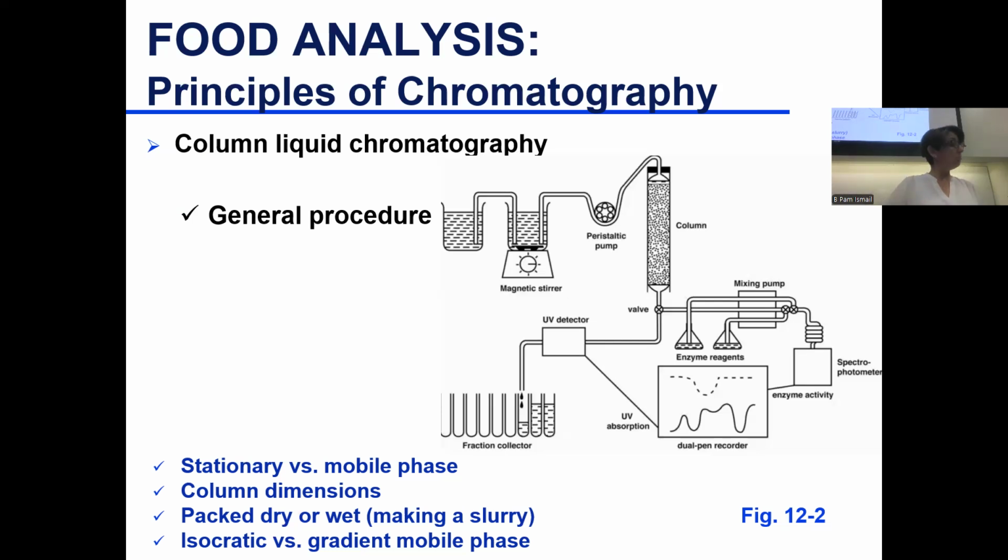Questions? Yes. So, first of all, from what I remember, it's really hard to just stop the column. Is there a way to switch the mobile phase to freeze the things separated? Because what I'm thinking is if we're going to speed up the removal, then you potentially mix them back together.